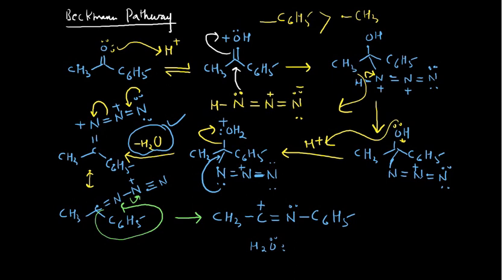So, this can attack onto this, and when it attacks, you end up with this structure. I can write the structure on the next page, that is CH3 C double bond nitrogen along with C6H5, and this was O, this was H, this was H, this was positive.